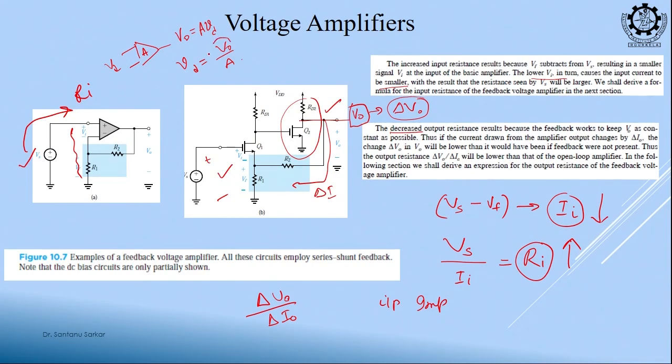In closed loop, the feedback is forcing V0 to stay as constant as possible. So, this delta V0 by delta I0 will be lower compared to the open loop amplifier, and so my R0 will be lower in case of negative feedback. We will see this example in the next problem also.